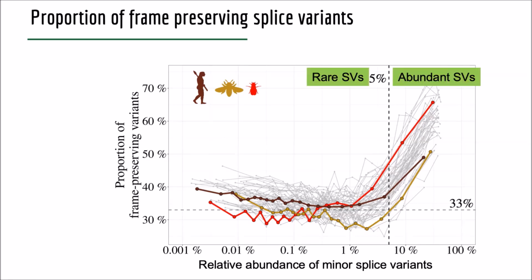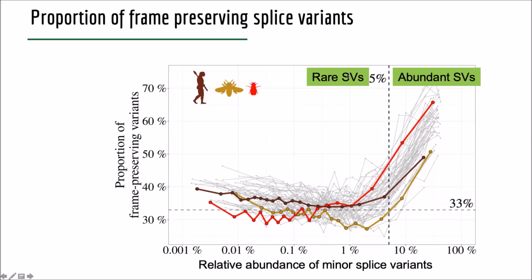And so clearly this implies that among the abundant splice variants, so we set the threshold at 5%, so splice variants that represent more than 5% of the transcripts of a given gene, those splice variants are enriched in functional splice variants, as demonstrated by the fact that they have a higher proportion of frame-preserving variants.